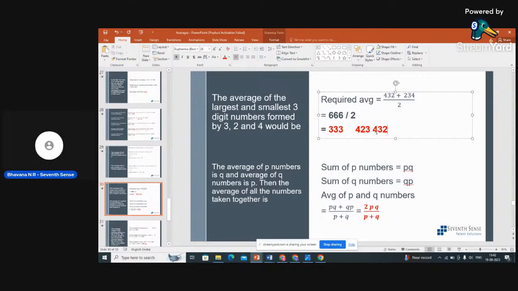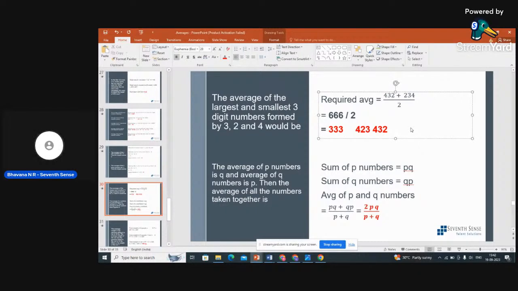Highest number means 4 comes first. Is 423 the highest number? No, 432 is the highest number. Next, they have asked for the smallest number also.